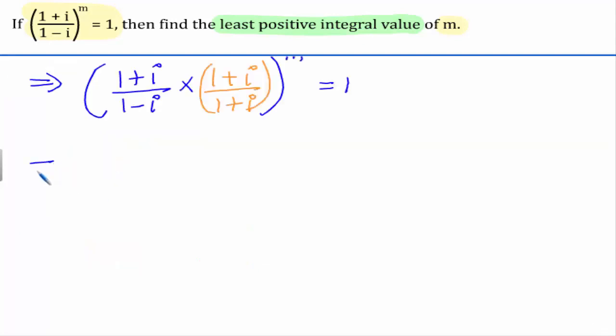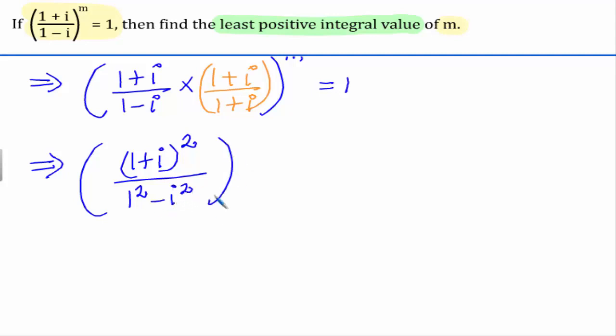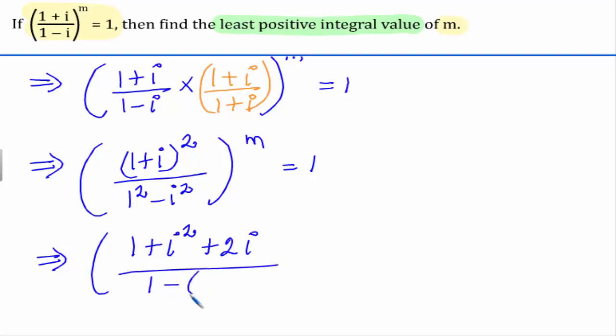The next step would be (1 plus i) whole square divided by (1 square minus i square) whole raised to the power m is equal to 1. This implies if we expand the numerator, we get (1 plus i square plus 2i) divided by (1 minus of minus 1), since i square is equal to minus 1, whole raised to the power m is equal to 1.